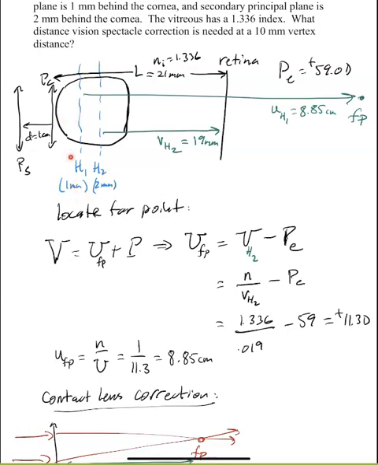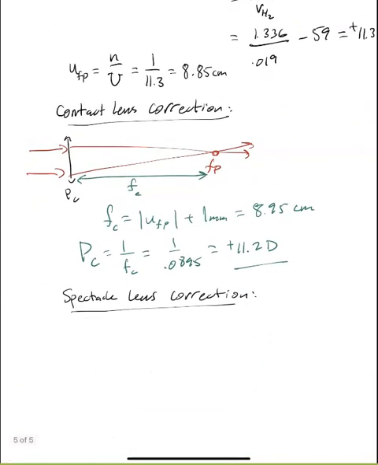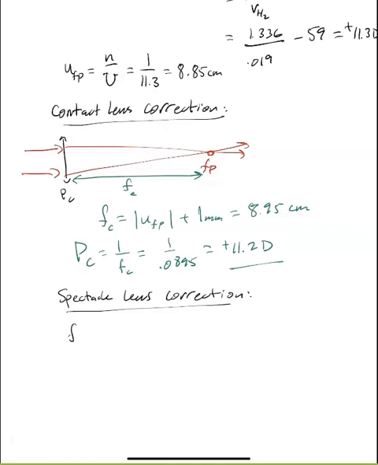I think that was 1 millimeter, and then plus the vertex distance, how far the spectacle lens is from the front of the eye. So if we add all those things up, the focal length of the spectacle lens needs to be the far point distance plus, let's see, 1 millimeter to get from H1 to the front of the lens, and then 10 millimeters of vertex distance.